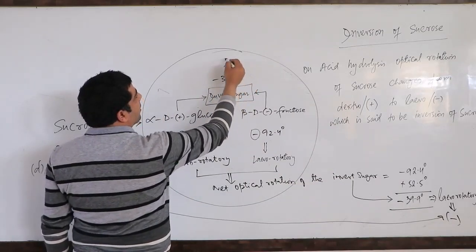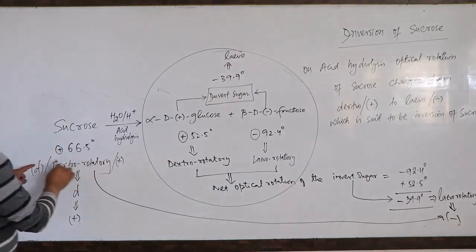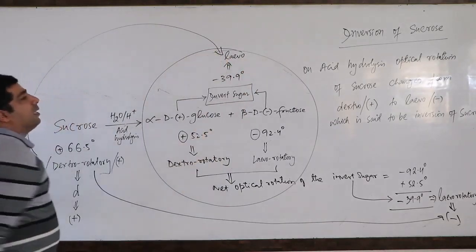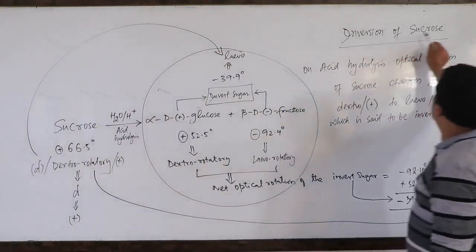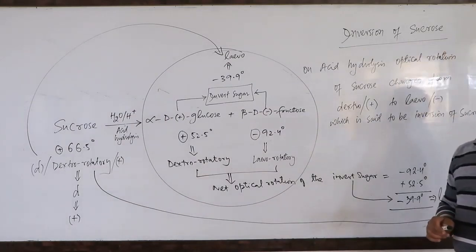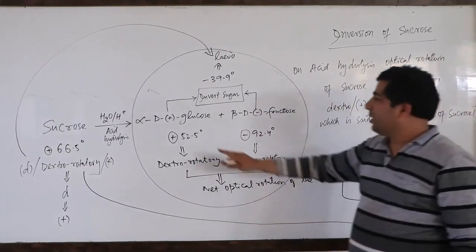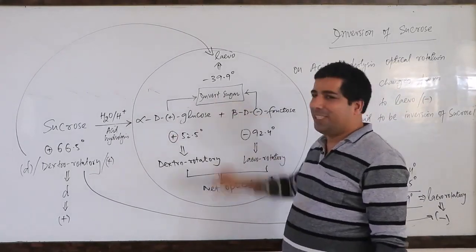And that is nothing but L. L stands for levo. So optical rotation is changing from dextro to levo. And this inversion in optical rotation is known as inversion of sucrose molecule, or you can say inversion of sugar. Okay. Now the mixture of alpha D glucose and beta D fructose is called invert sugar.